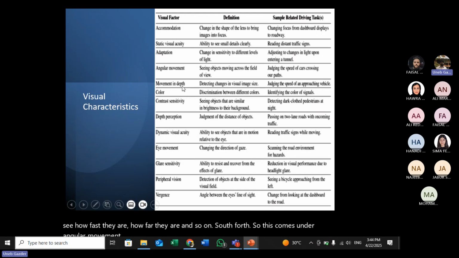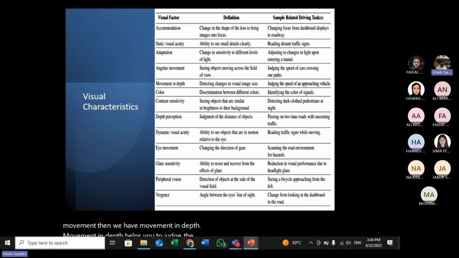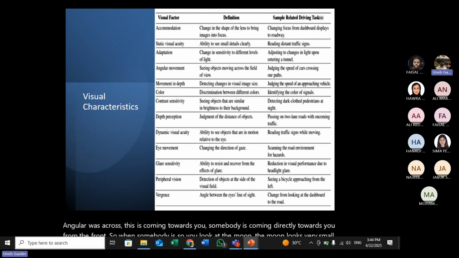Then we have movement in depth. Movement in depth helps you to judge the speed of objects which are coming to you, not across you. Angular was across; this is coming towards you, directly from the front. The moon looks very small, right? Why? Because it is so far. If I was close to the moon, I would see that it's very big.